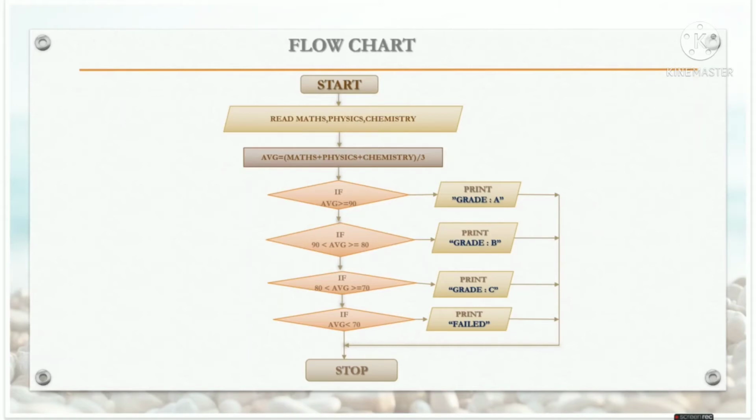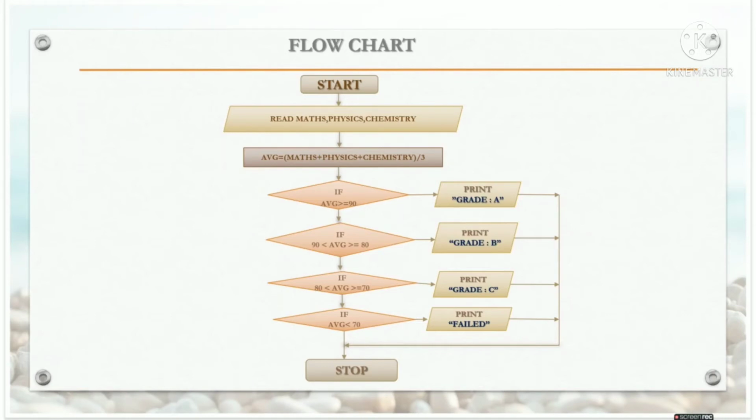That is, if the average is in between 80 and 90, it will go to print grade B. And if it is also false, it will go to the next step. That is, average is in between 70 and 80, and it will go to print grade C.